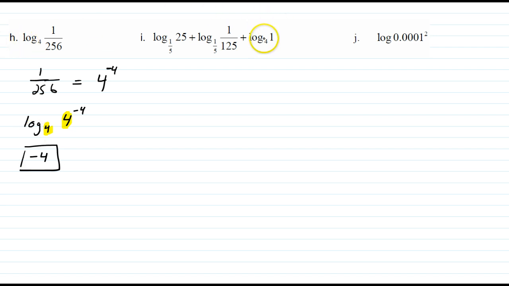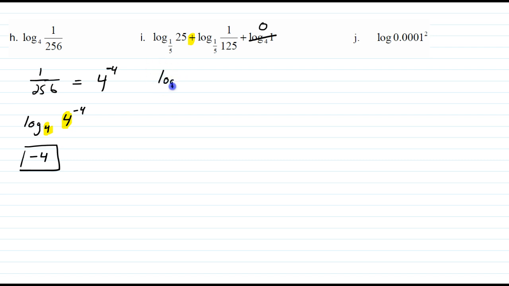All right, here, the first thing I notice is that, again, we think base, answer, exponent. 4 to what power gives us 1? So 4 to the power of 0. So this is really just 0, so we're not going to have to worry about that. Here I see the addition. When I see addition, I want to think multiply.